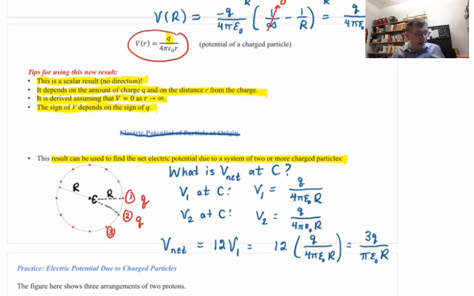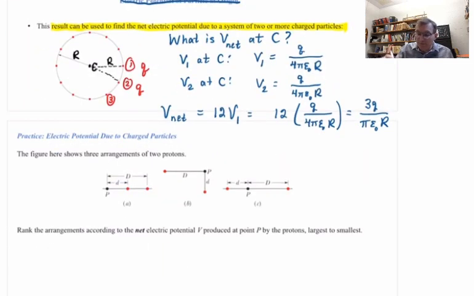And that's how you would find the net electric potential at the point C in that case. Note that it isn't that simple finding the net electric field at point C from those 12 charges. There you've got to worry about directions. You might want to think a little bit about what that would be, the net electric field at point C from those 12 charges.